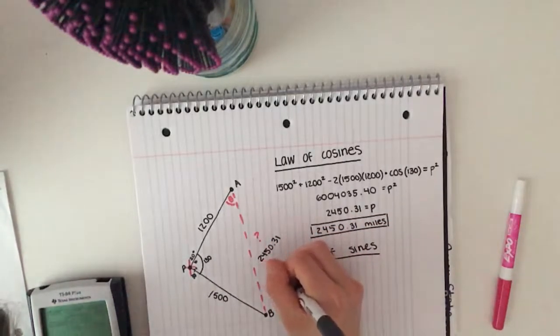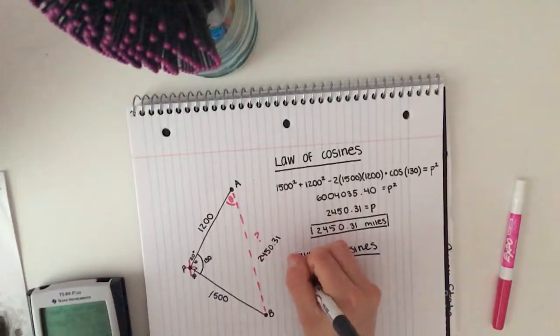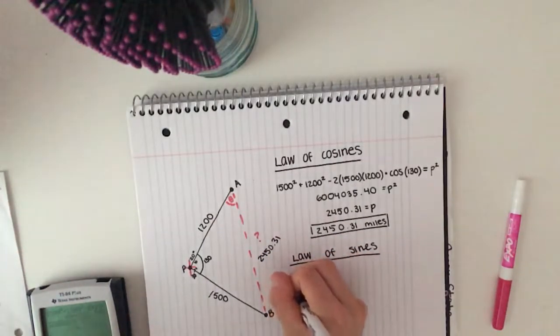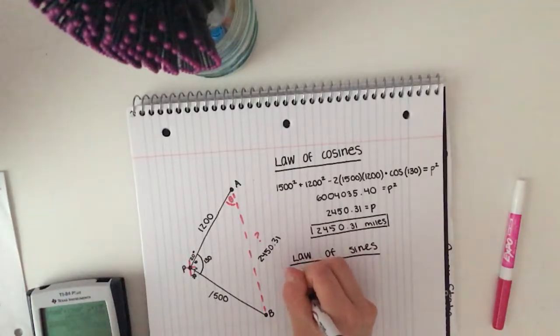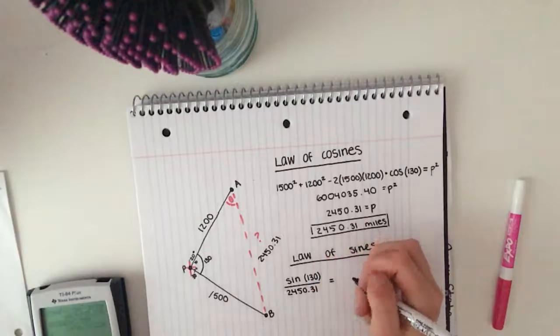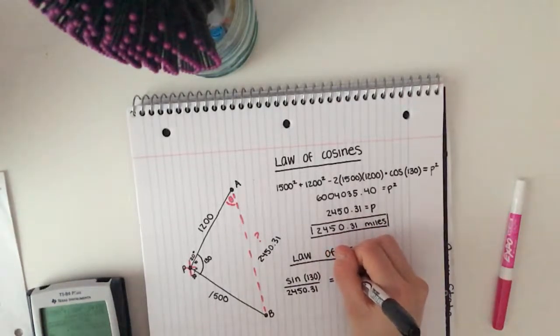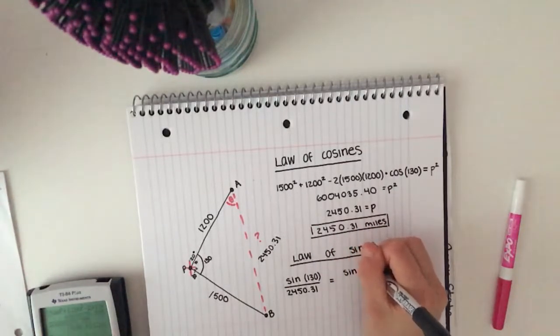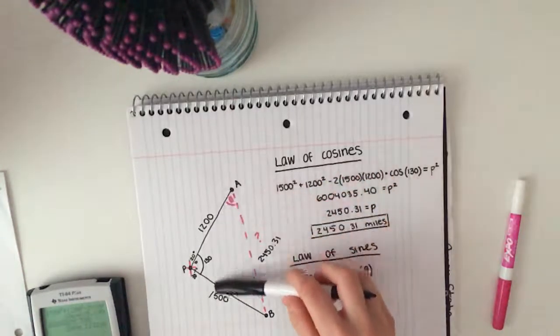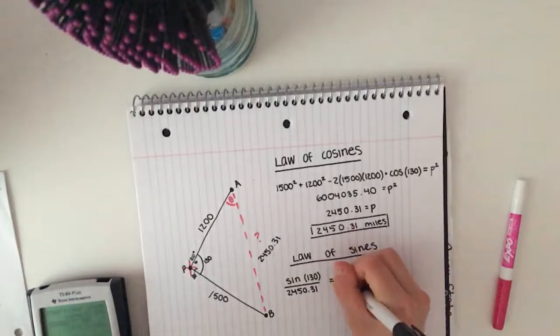So we can do the sine of 130 over 2,450.31 equals the sine of theta over the side across from it, so 1,500.